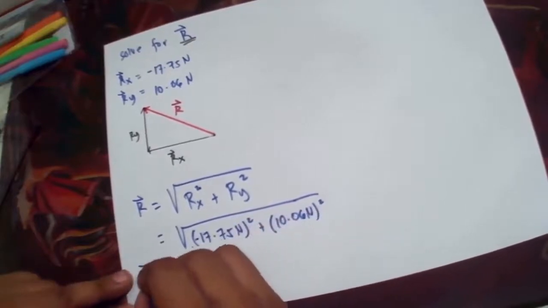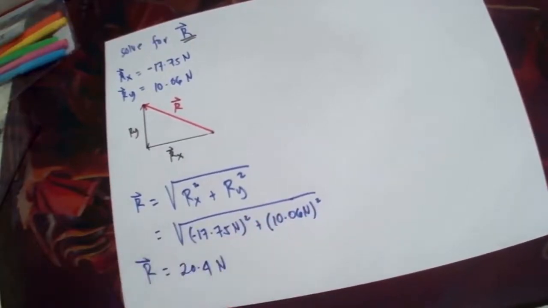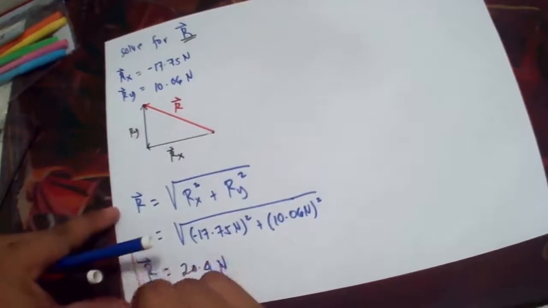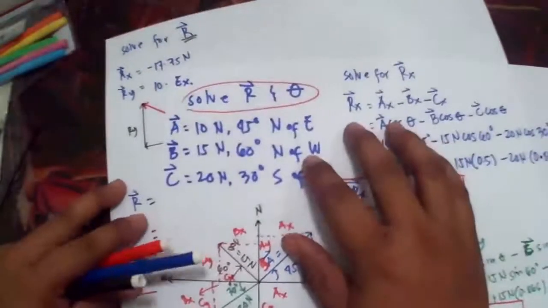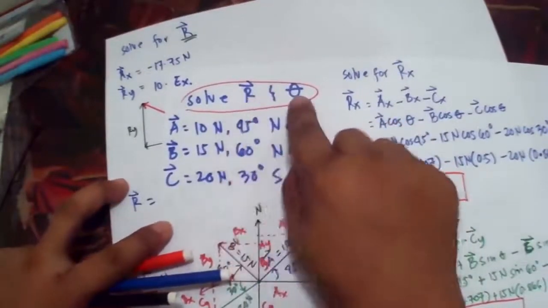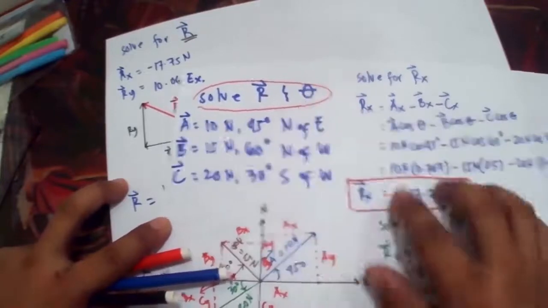So the resultant vector here is equal to 20.4 newtons. If we go back, we already solved the resultant vector and now we are in the direction.